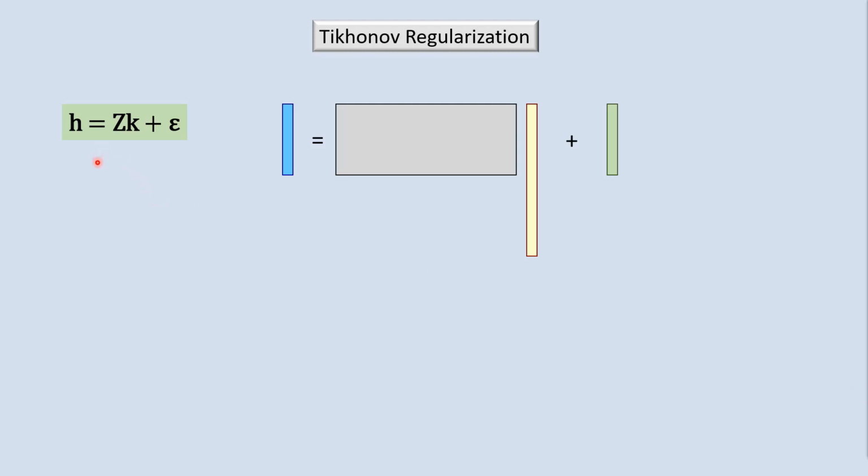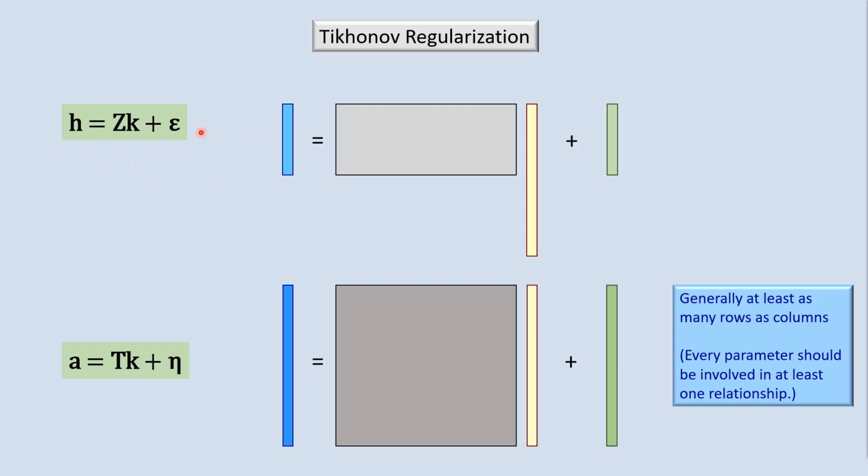So here's my equation that defines that inverse problem, and here is my representation of the vectors and matrices that are involved in this problem. Now I'm going to supplement these vectors and matrices with another set of vectors and matrices.